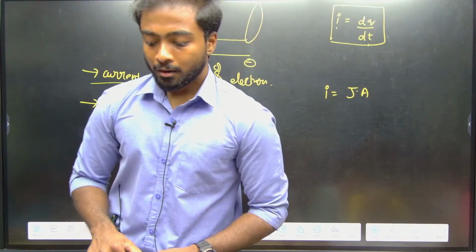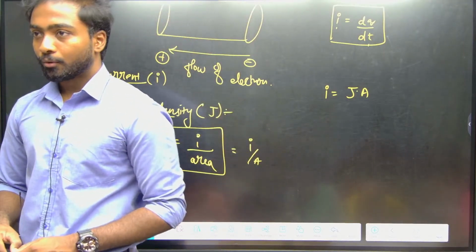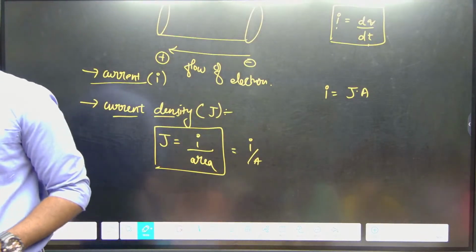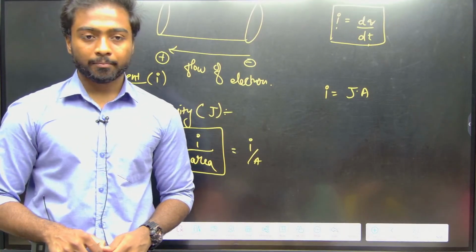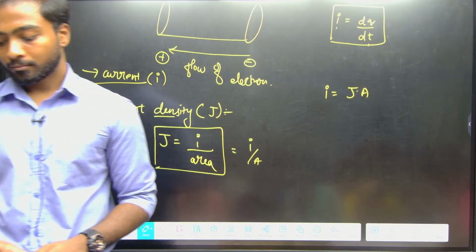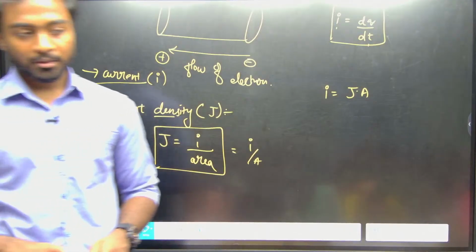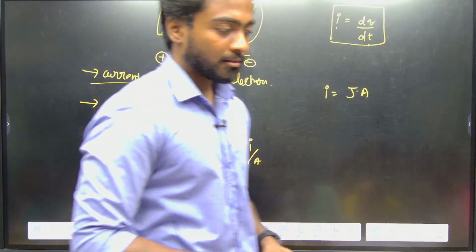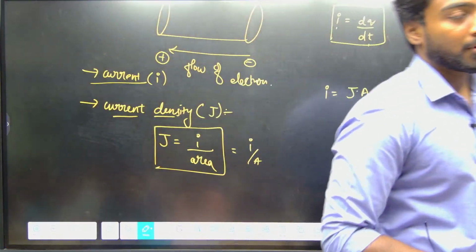Also find the current density, if the cross section is 10 meter square.